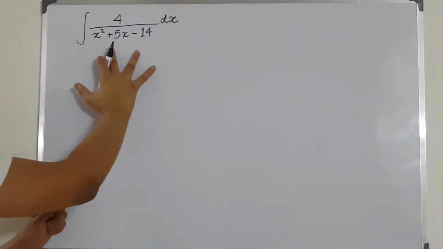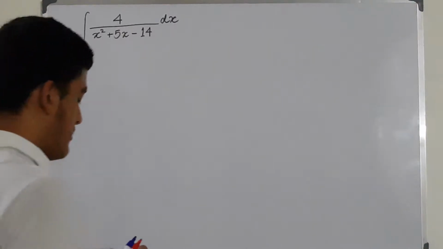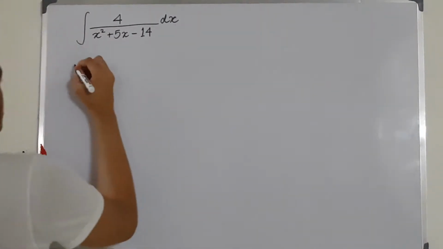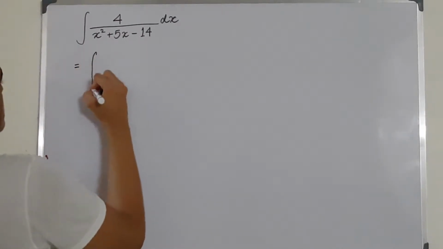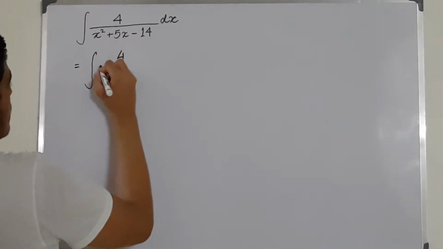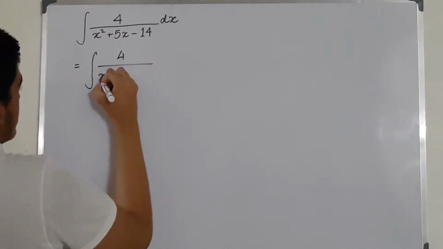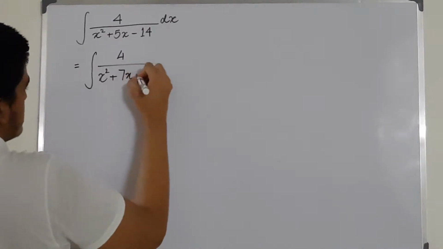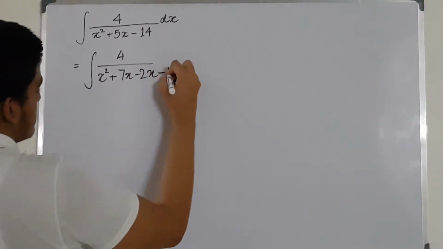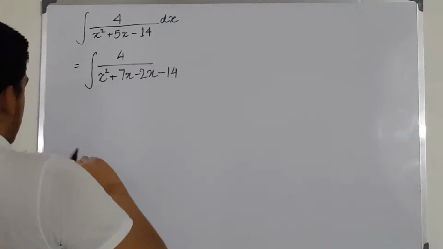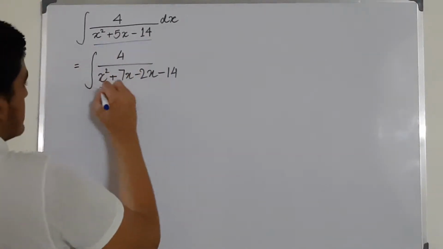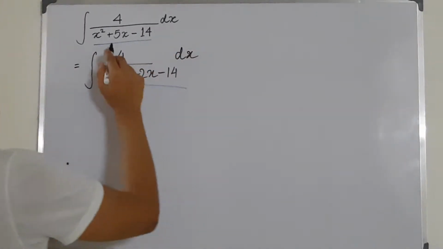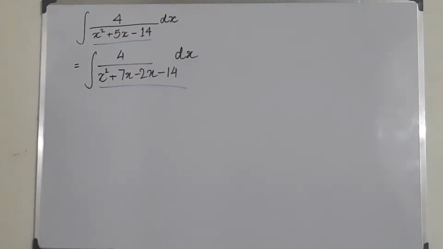I can factorize this using the middle term factorization, and this would be equal to 4 divided by x squared plus 7x minus 2x minus 14. I can write 5x as this, it's the same thing because 5x is equal to 7x minus 2x.